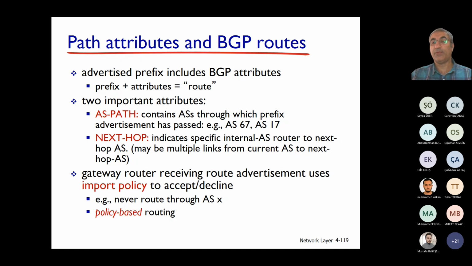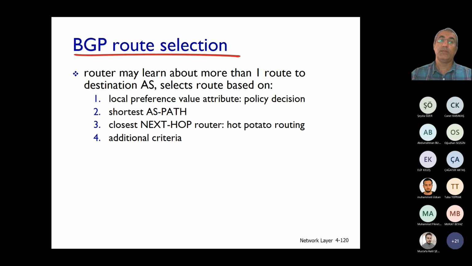A gateway router receiving a route advertisement uses import policy to accept or decline. For instance, it can say never route through AS X. This is policy-based routing. So for BGP route selection, the router may learn about more than one route to a destination AS.